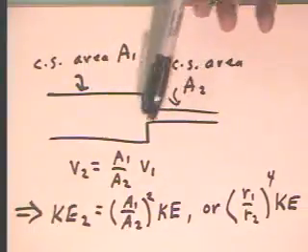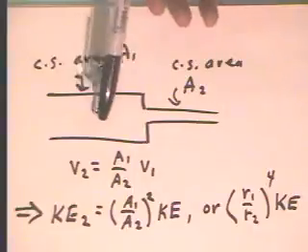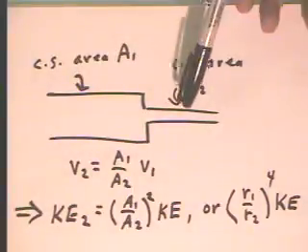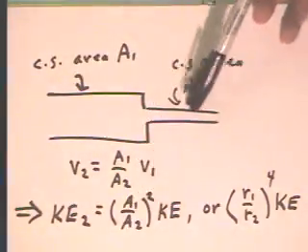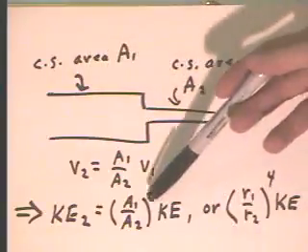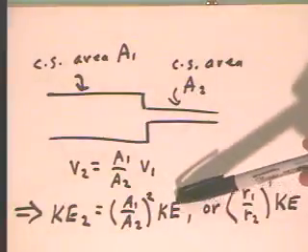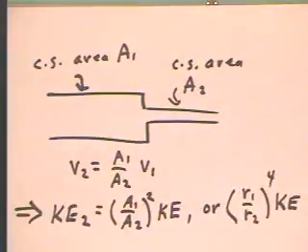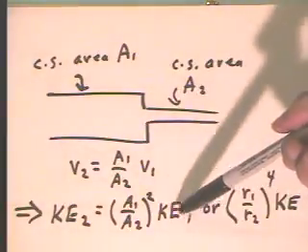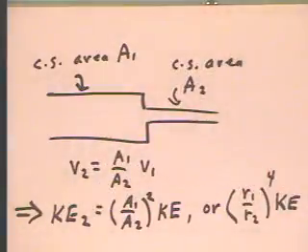So the velocity here is A1 over A2 times as great as it is here, which means that V squared is A1 over A2 squared times as great here as here. And it should be clear that that's what gives you this proportionality in kinetic energy, since kinetic energy is proportional to the square of the velocity. We're talking about electrons, so the masses are the same.